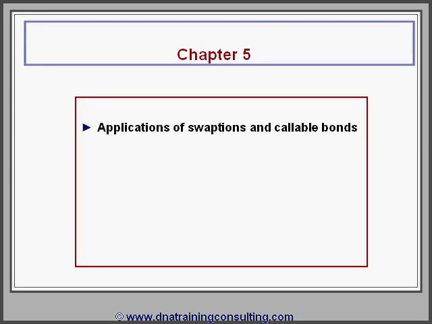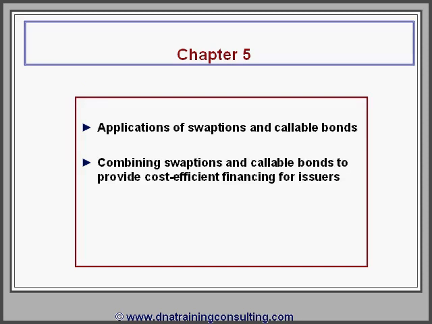This chapter 5 illustrates a number of applications of swaptions and callable bonds, including how swaptions are often combined with callable bonds to provide cost-efficient financing for issuers.